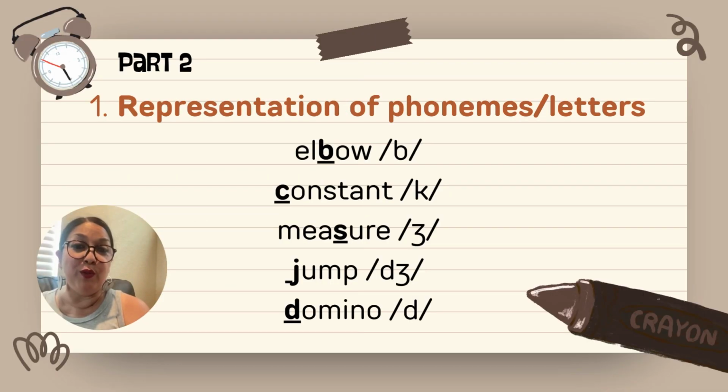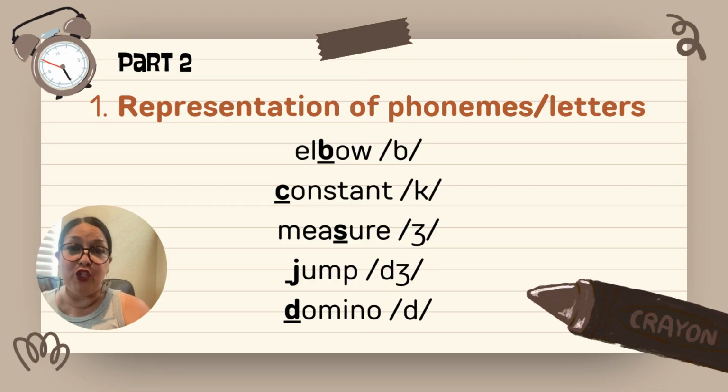Right here in part two, there are letters and words that are represented with the phonemic symbols of the phonemic alphabet. So, for example, in the word elbow, the B in elbow is represented with the letter B in between phonemic brackets. The word constant, the letter C, is represented by K within phonemic brackets.